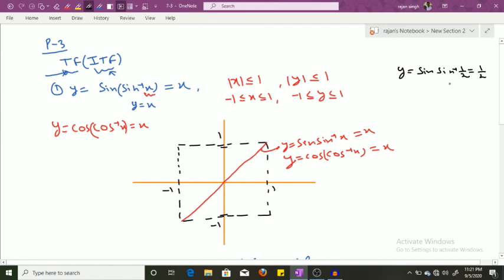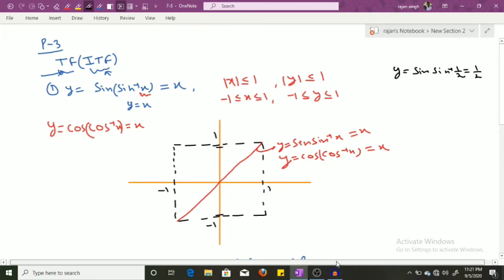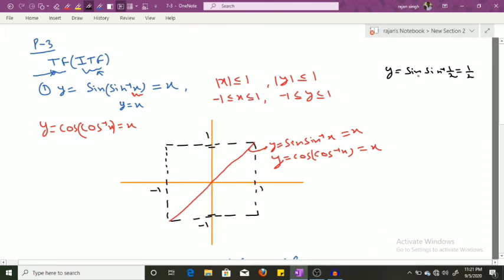That's no problem. That answer is correct. Why is that answer correct? You have to think about the x also, whatever answer you are writing, does it belong to -1 to 1? Yes, 1/2 belongs to -1 to 1. But let's say the examiner gave you this, and you wrote 2, then you will be wrong.